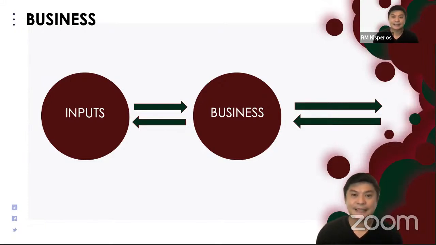So that's a business. But an entity becomes a business when the cost to produce that value is lesser than the price. So ibig sabihin, when we offer something through our products and services, the cost to produce those is lesser.